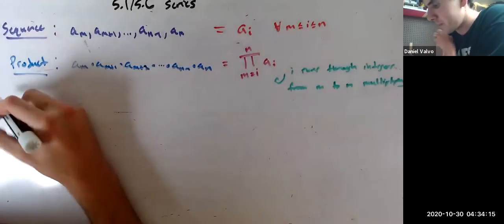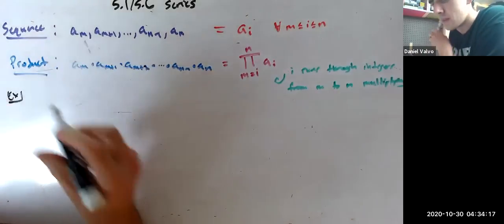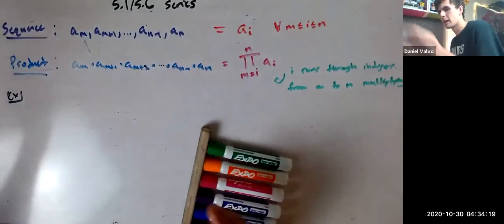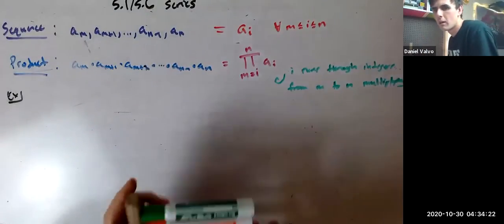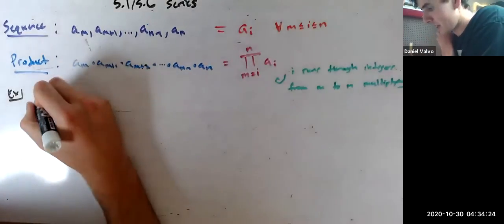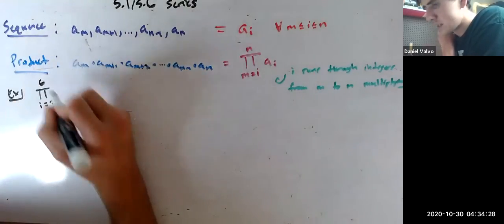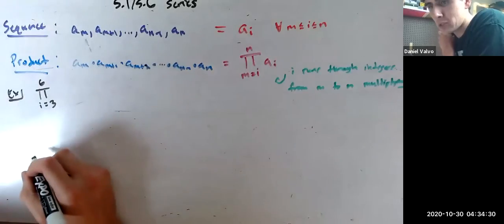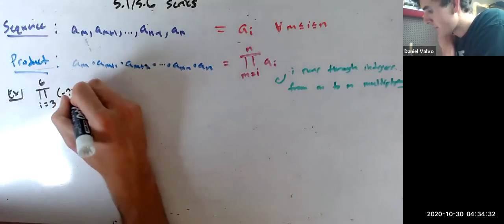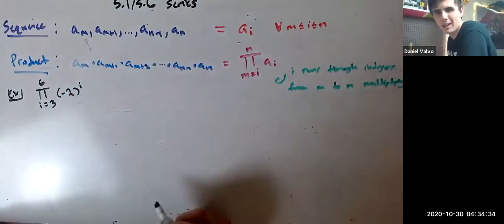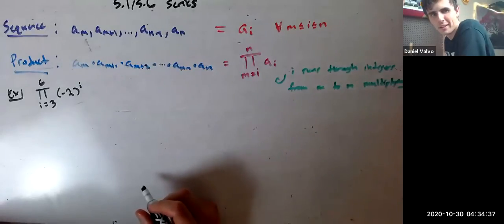So for example, let's say we have pi from i equals 3 to 6, or the product from i equals 3 to 6 of -2 raised to the i. A little weird.